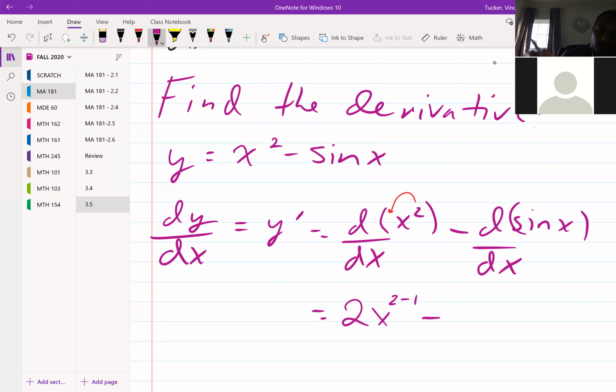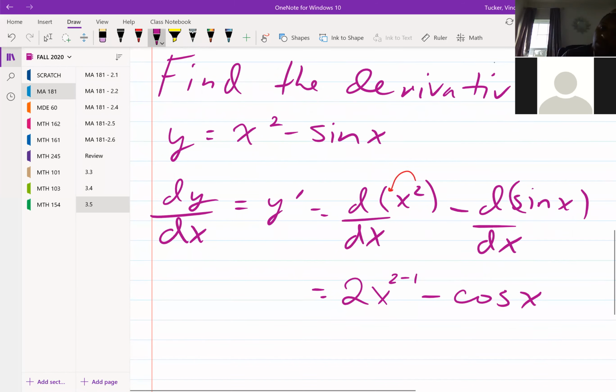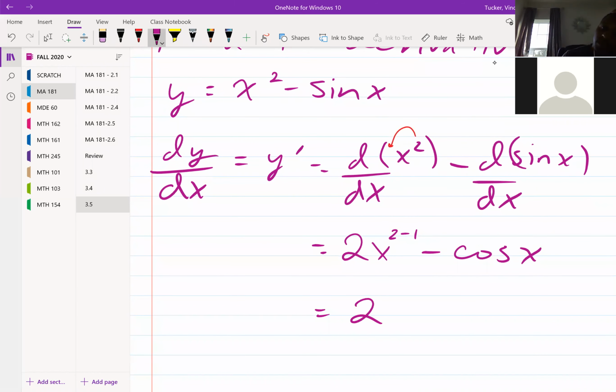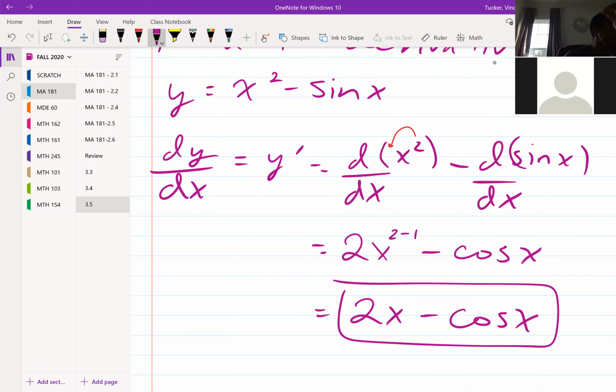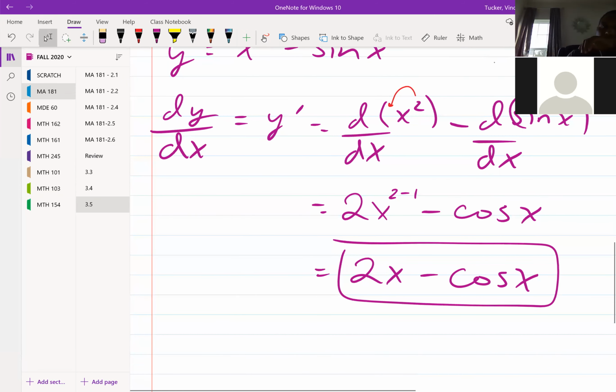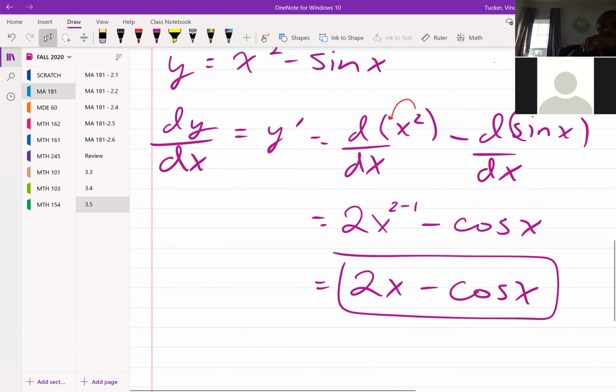And then the derivative of sine, we just saw, is cosine. So this would be just 2x minus cosine x. All right, questions before we look at the next one?